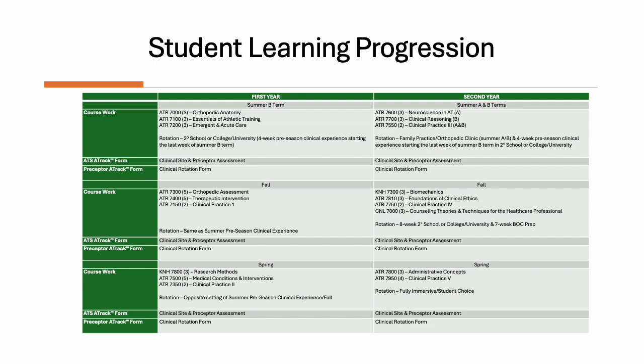And so you can see right here is their first year. So as you go down through the summer, the fall, the spring, and then their second year, what are they learning? So right now, if they're a first year, you can see these 3 courses they've already taken in the summer, and then if they're jumping in the fall, then they're just starting orthopedic assessment and therapeutic intervention.